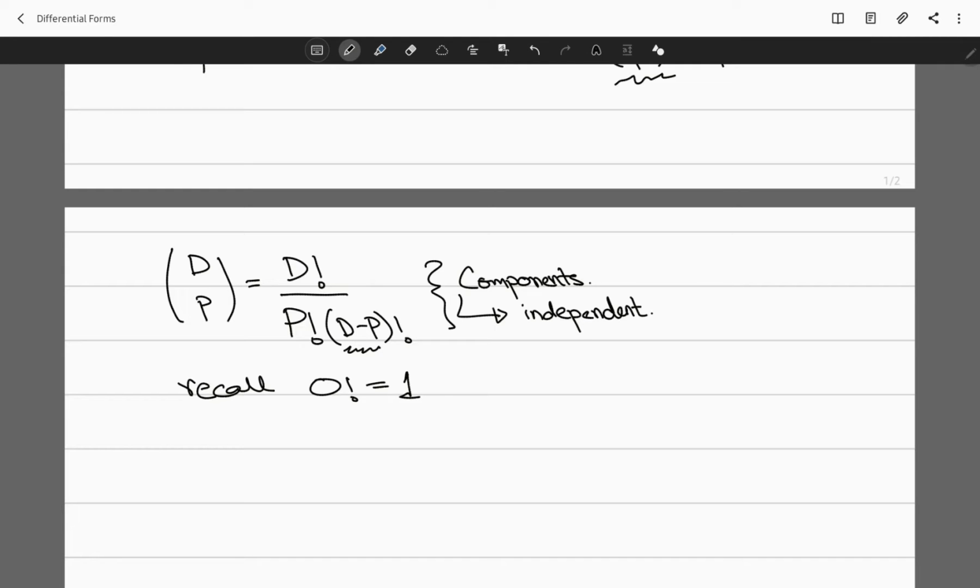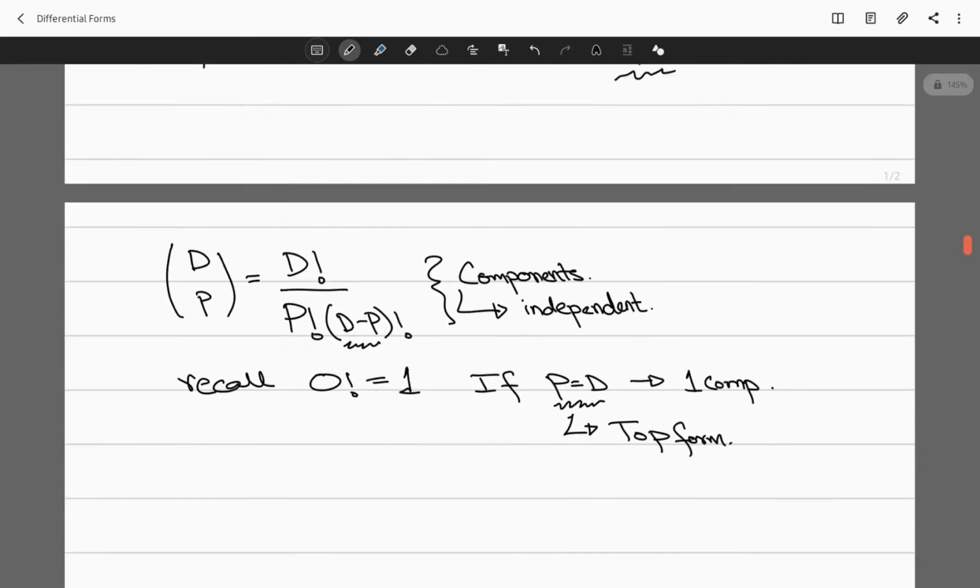And so in that case, if p is equal to D, we would only have 1 component. In fact, this p equal to D even has a name. It's called the top form, right? So when the number of dimensions and the form number are equal, that is known as the top form.